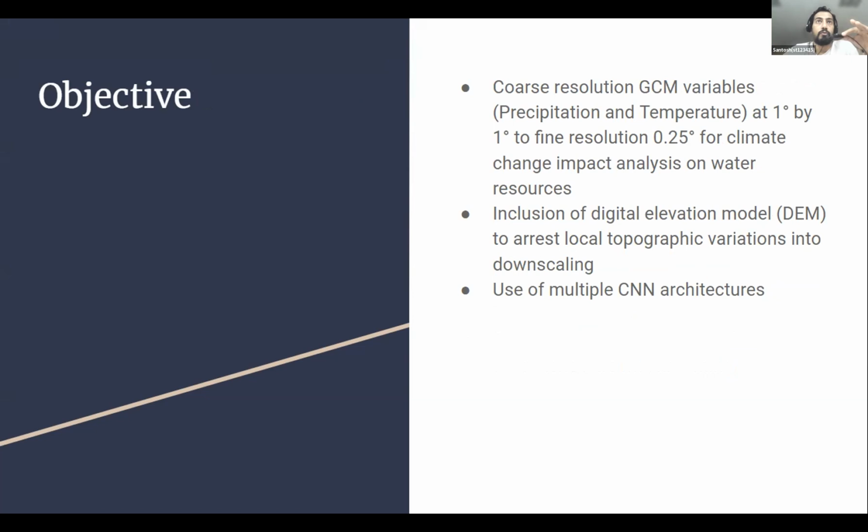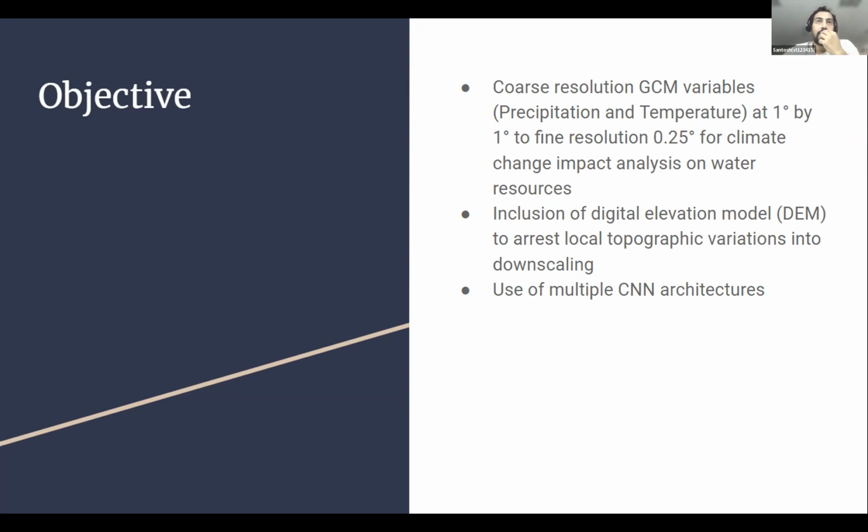So this is the cause. The problem is the coarse GCM resolution, more than 100 kilometers, but we need the data at least 25 kilometers or 0.25 degree for climate change impact analysis on water resources, or to assess the climate change impact on the hydrology of a basin or a watershed.